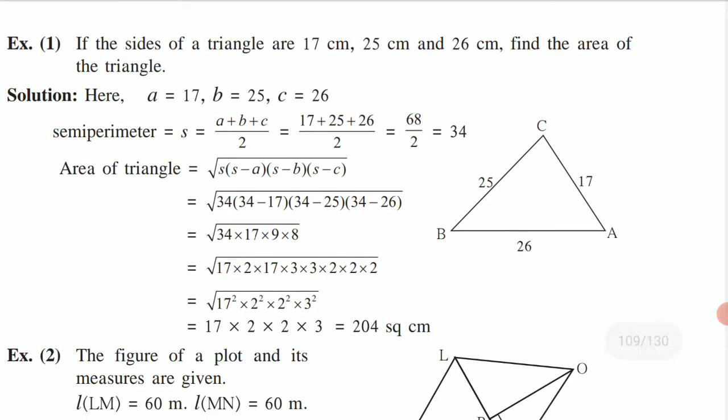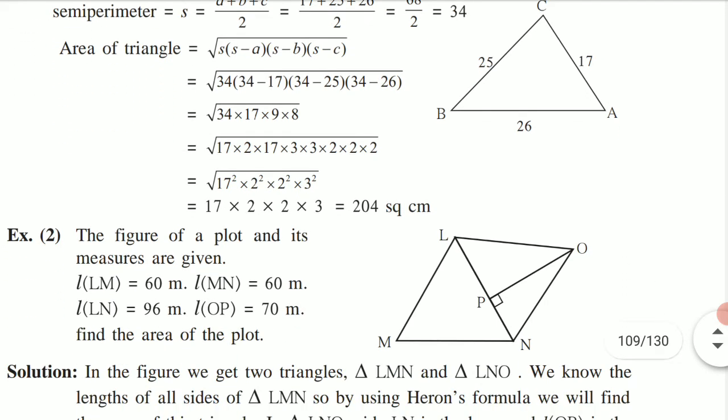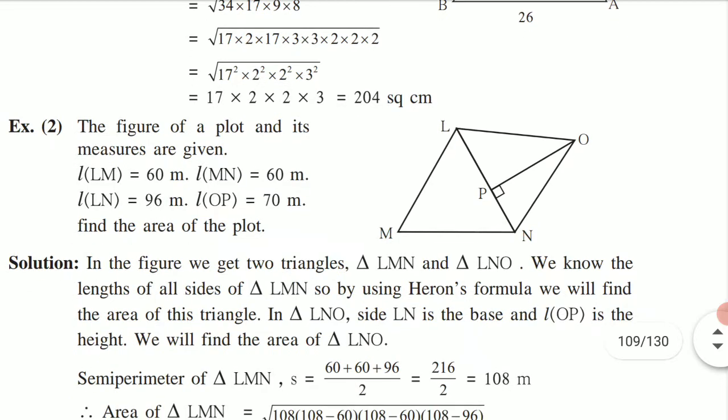Semi-perimeter s is equal to (a plus b plus c) upon 2, which is 17 plus 25 plus 26 upon 2, equal to 68 upon 2, equal to 34. Then area of triangle is equal to square root of s into (s minus a) into (s minus b) into (s minus c). If we put the values and solve it, we get 204 square centimeter.